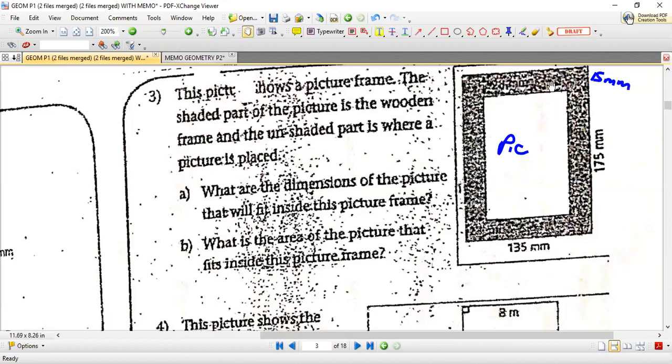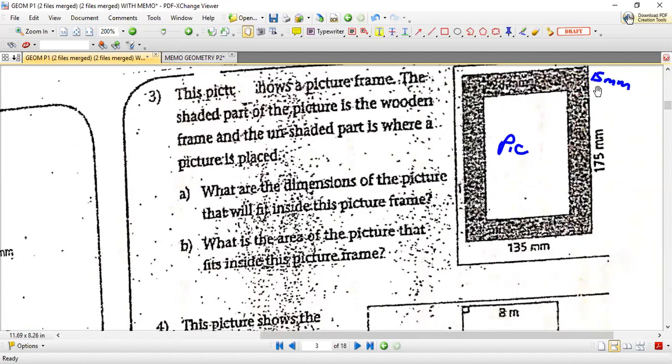So the border right round is 15 millimeters. Now, if we want to calculate the dimensions of this picture that will fit inside this picture frame, we are talking about this white part here, this white drawing here.